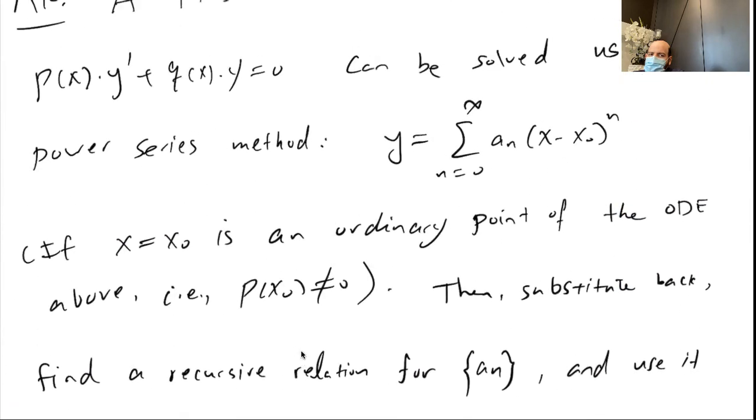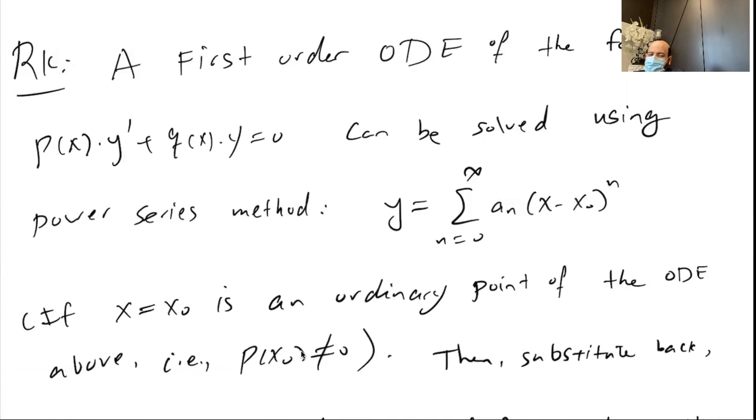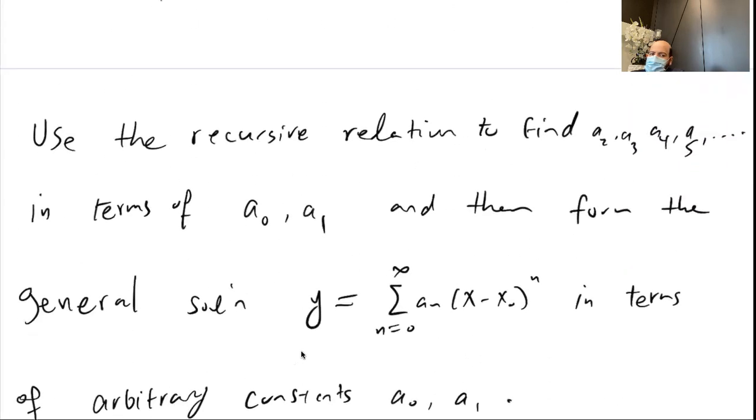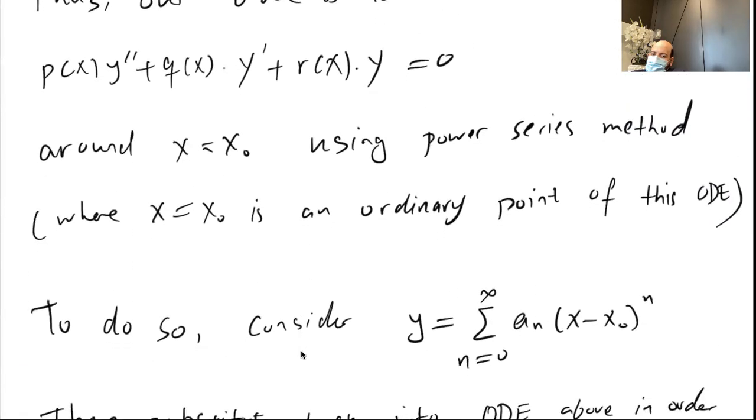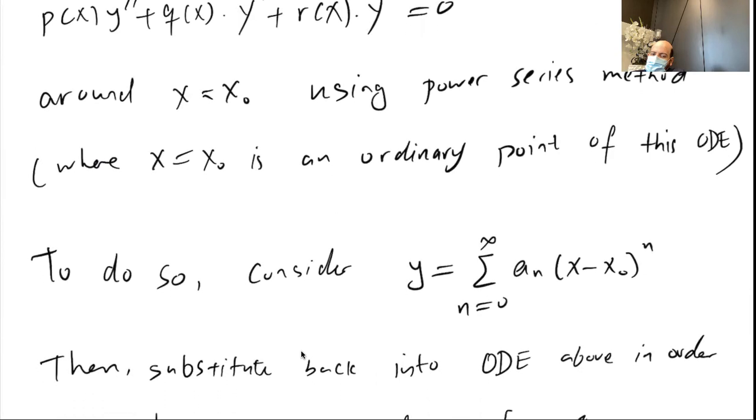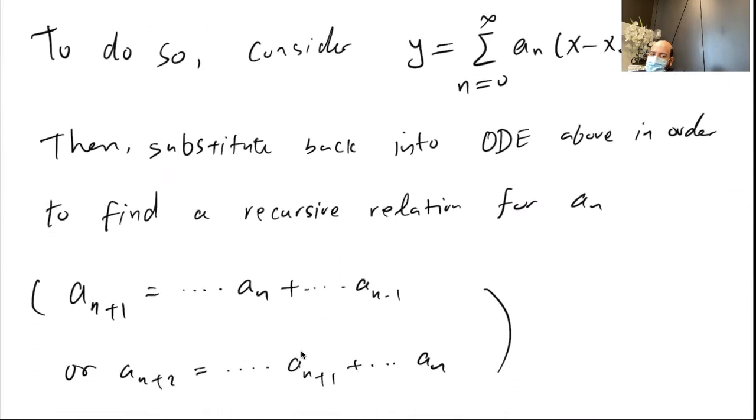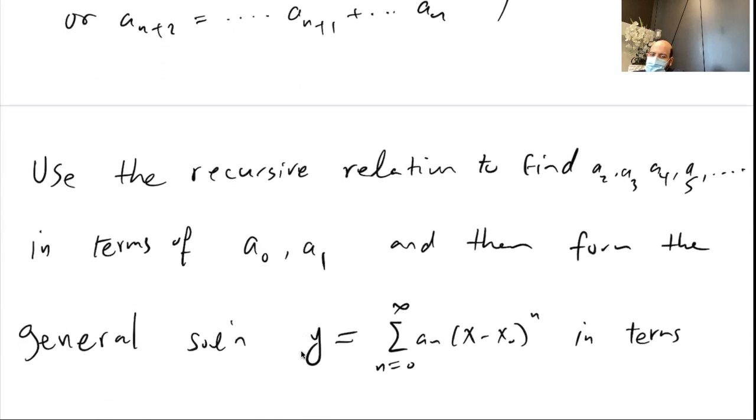So this is a recipe for how you solve a first order ODE around a point x equals x naught, which is an ordinary point of this ODE, meaning that P of x naught is non-zero. And a similar process for second order ODE. The only difference is that for second order ODE, it will include two arbitrary constants, A0 and A1. And you can write the general solution in terms of A0 and A1 by finding all the remaining coefficients like A2, A3, A4, and so on in terms of A0 and A1.